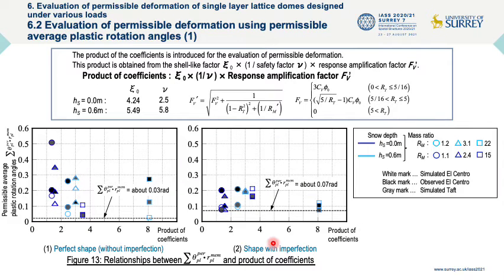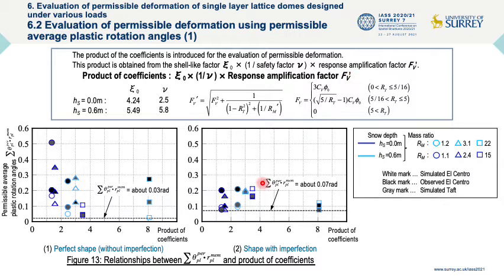Figure shows the relationships between the permissible average plastic rotation angle and the product of the coefficients. This product is introduced for the evaluation of permissible deformation. This product is obtained from the shell-like factor Xi0, safety factor nu, and the response amplification factor Fv'.